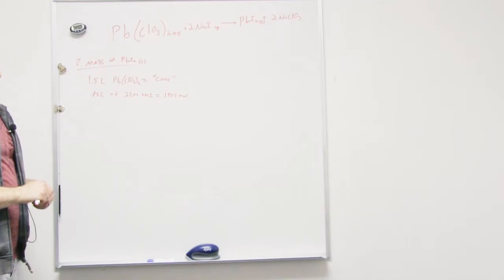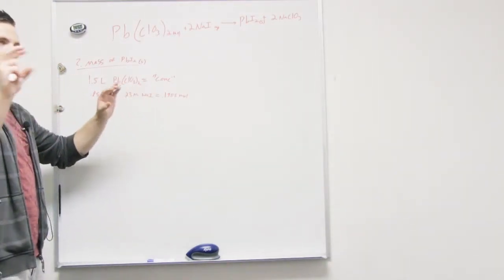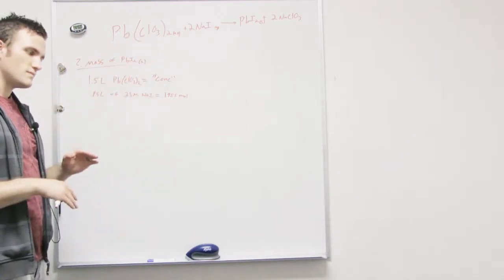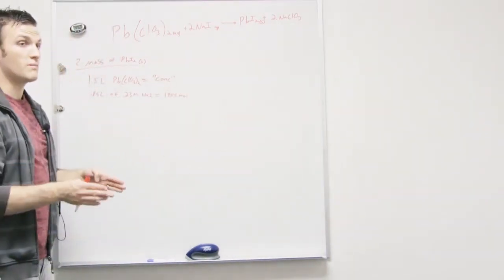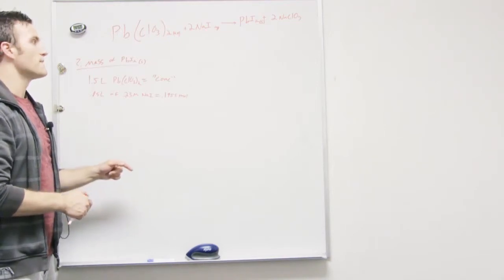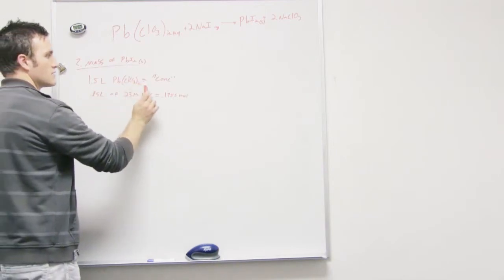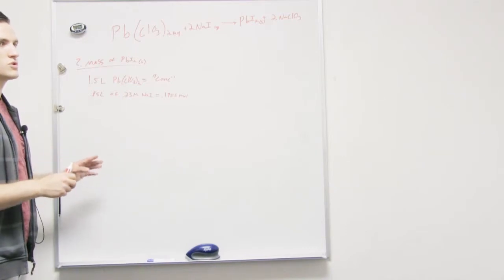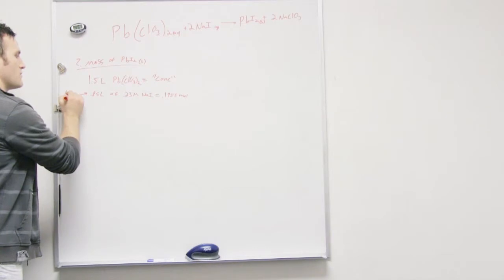Do you remember when you had to find limiting reagents? You calculate percent yield based on your limiting reagent, not the reagent in excess. So if those things are true, that one's definitely going to be in excess. This one is going to be my limiting reagent.